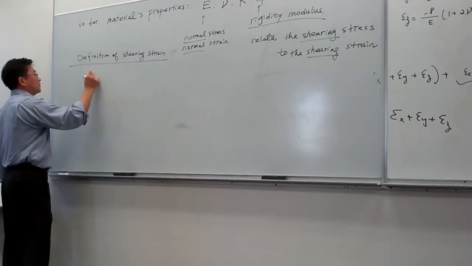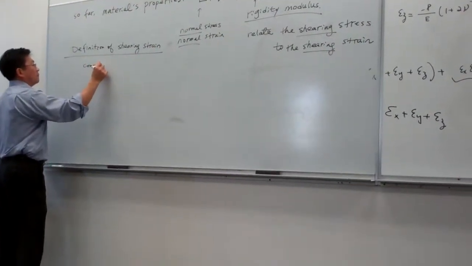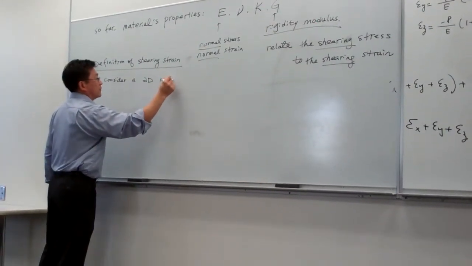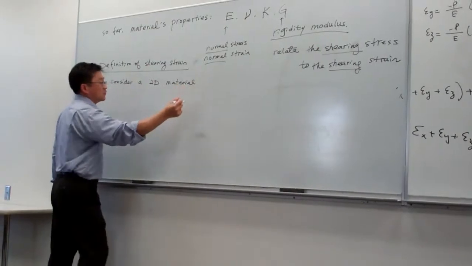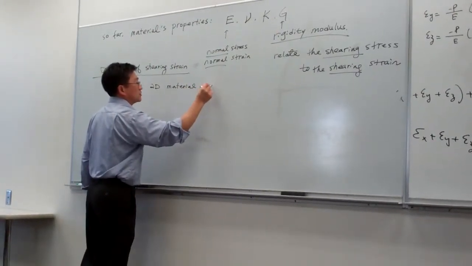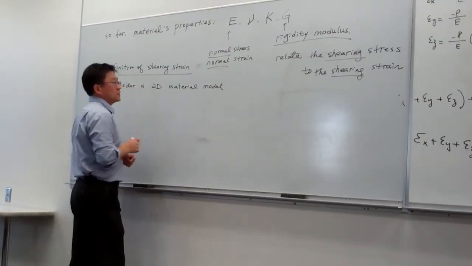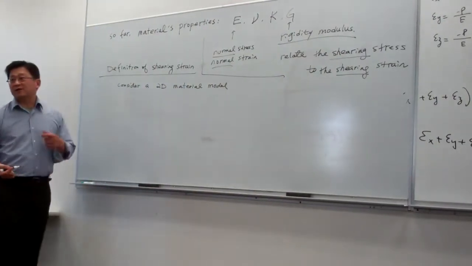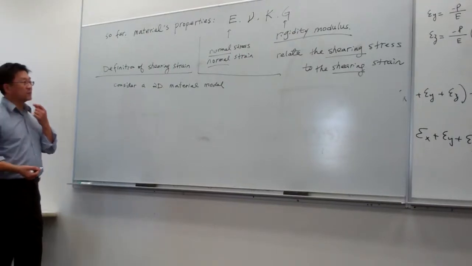For example, consider a 2D material model. And again, I pick this material model for demonstrations. Keeping that in mind, we always pick the model that is appropriate for the specific purpose.